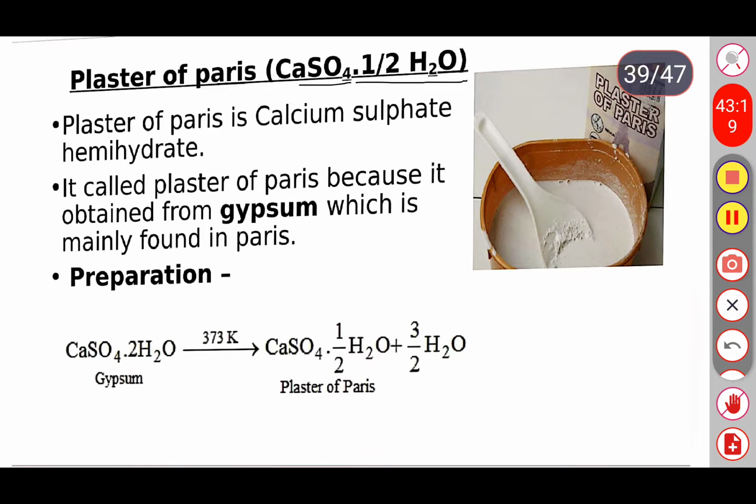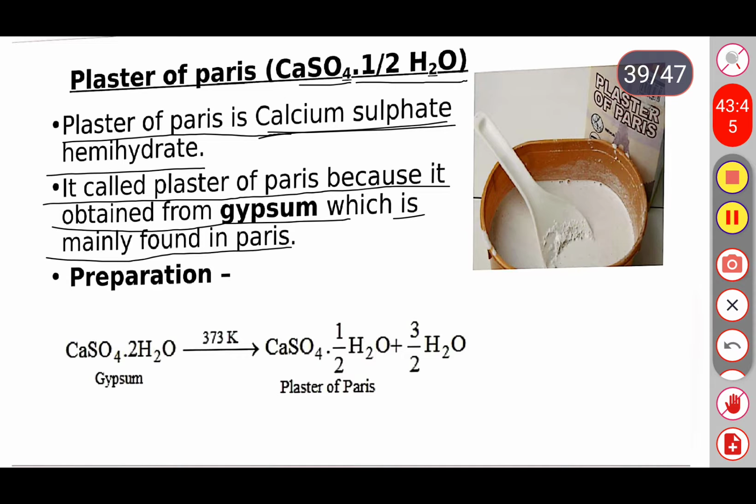Plaster of Paris is calcium sulfate hemihydrate. It is called plaster of Paris because it is obtained from gypsum, which is mainly found in Paris. The main source of the gypsum is Paris.